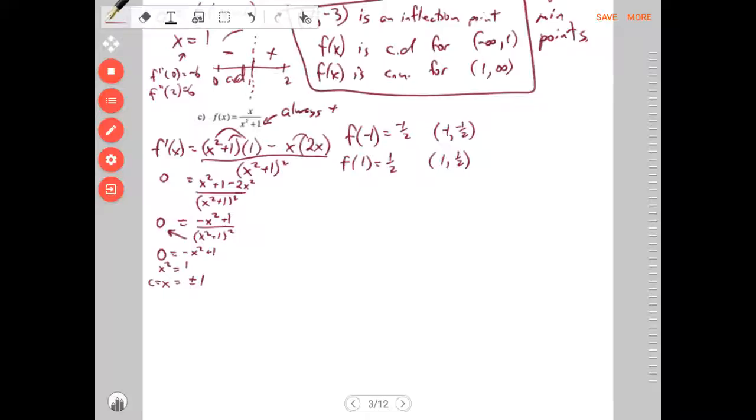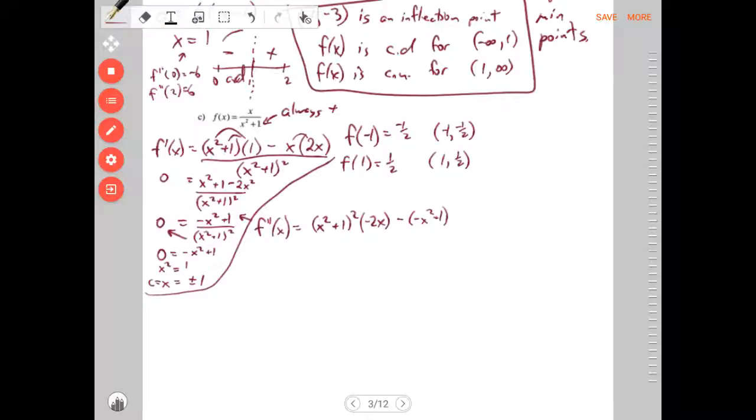Next up, we figure out the second derivative. Okay, now this is going to need a little bit more room here. So f double prime of x equals. So we go right to the simplified version. Okay, so again, it is the bottom, so x squared plus 1 squared, times the derivative of the top, so that's negative 2x, minus the top, which is just negative x squared plus 1, times the derivative of the bottom.